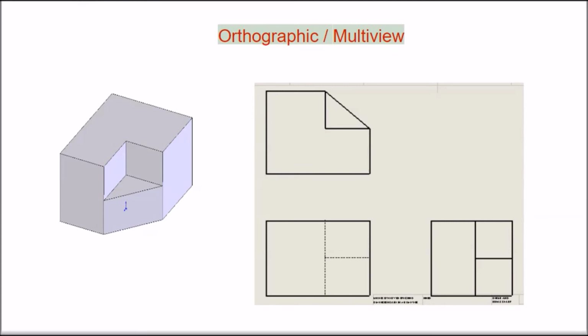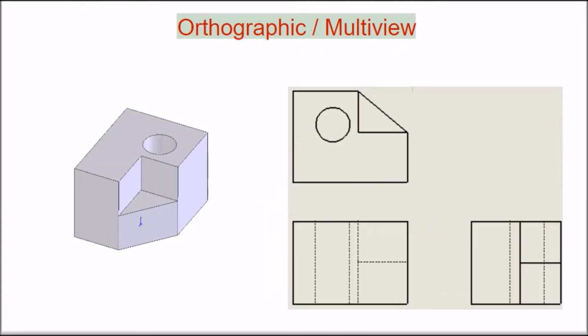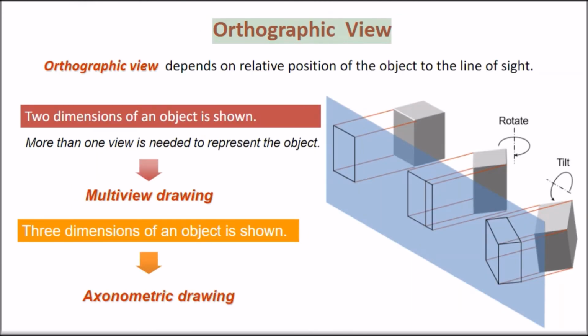Orthographic view depends on the relative position of the object to the line of sight. 2 dimensions of an object are shown. 3 dimensions of an object are shown. More than one view is needed to represent the object.